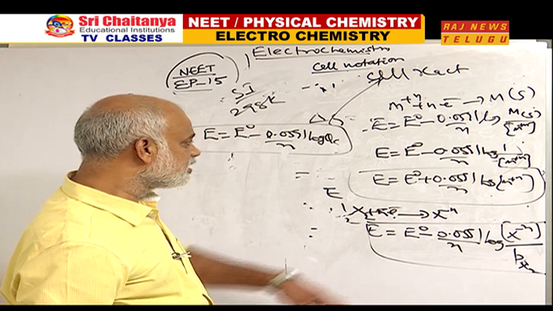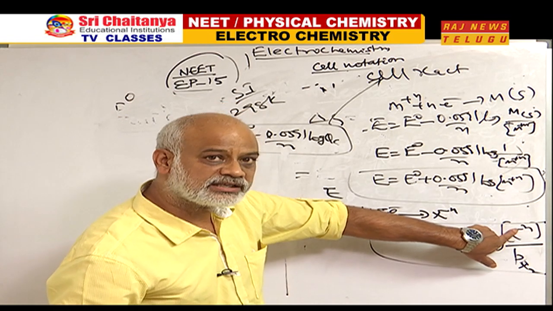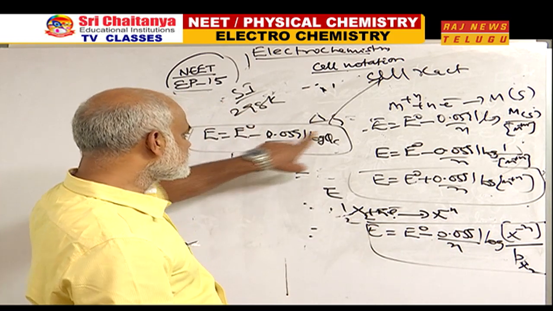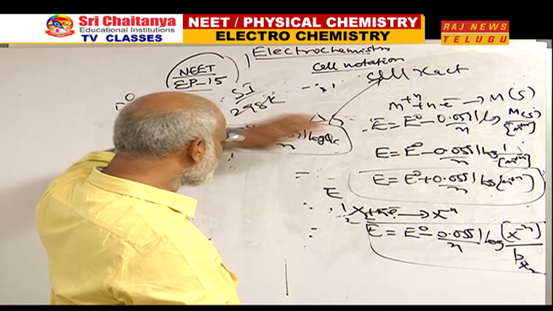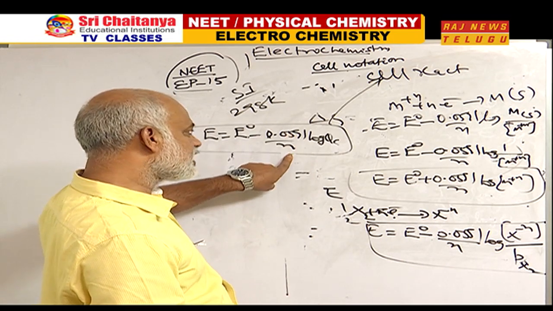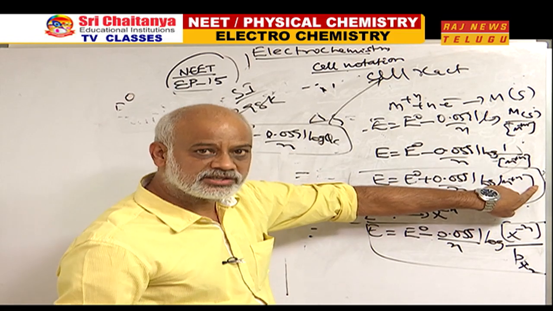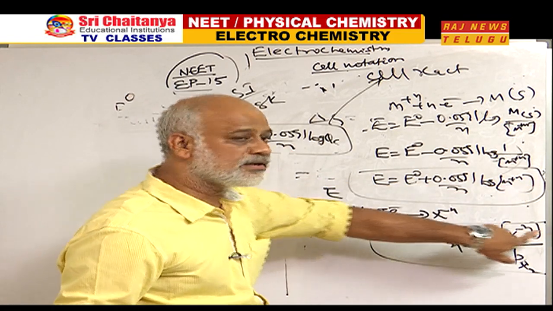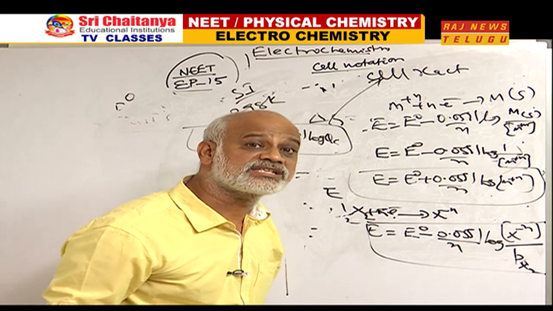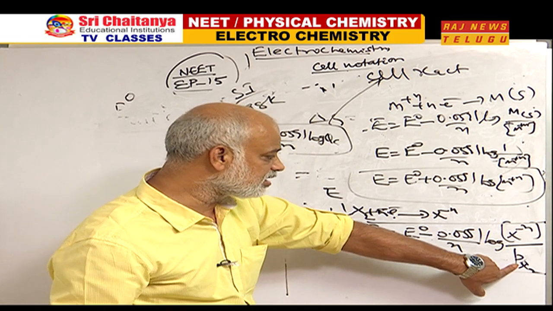So, please see that in the case of non-metal, minus is there, non-metal ion in the numerator, partial pressure in the denominator, minus product by reactant. In all cases, frankly, all these things are derived from this only. Minus 0.0591 by n log product by reactant, plus metal ion in the numerator, minus non-metal ion in the numerator, minus partial pressure if given to be 10 bar, 5 bar, 2 bar, then it is in the denominator.